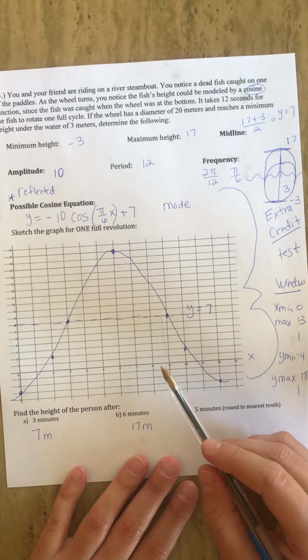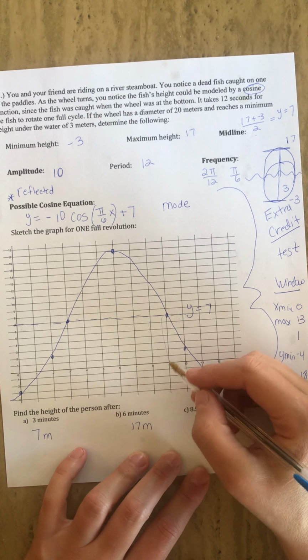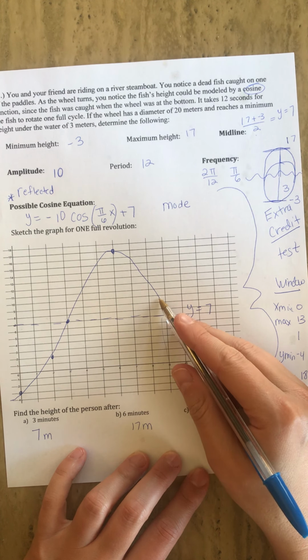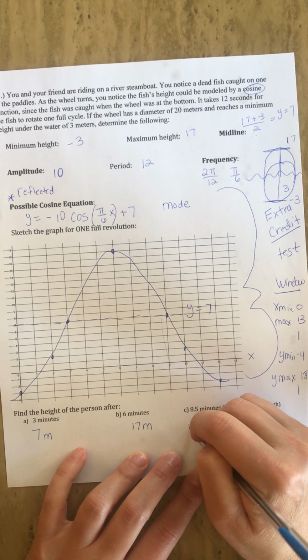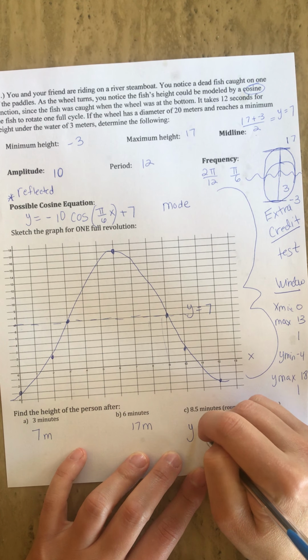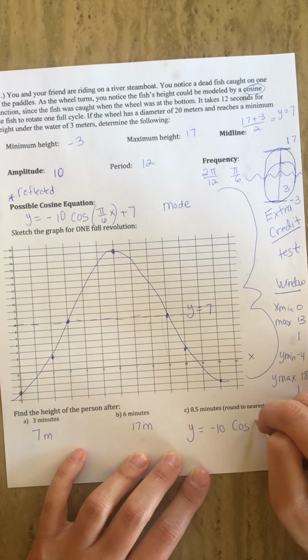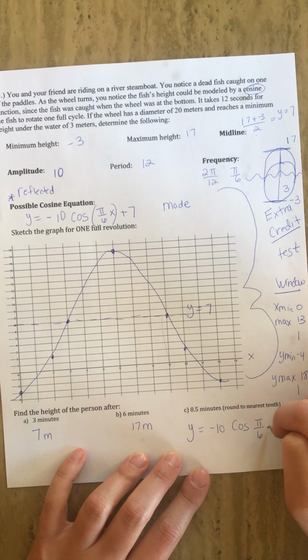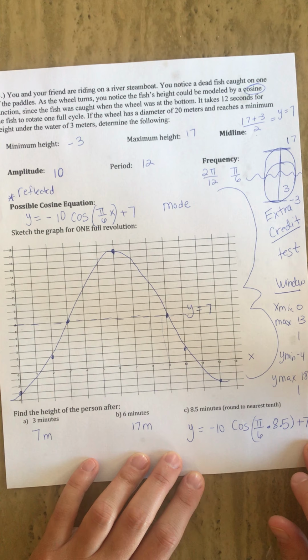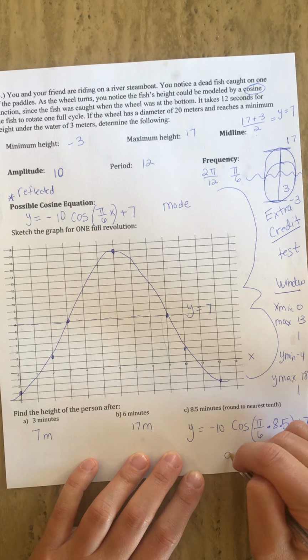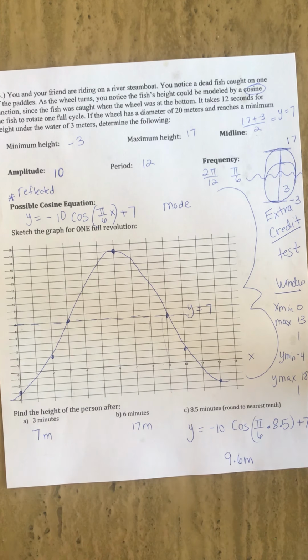This one, you obviously cannot see on your table, or here, if you do it here, that would be an estimation. So make sure you do y equals -10 cosine pi over 6 times 8.5 plus 7. You can throw that right into your calculator right now, and you're going to get 9.6 meters.